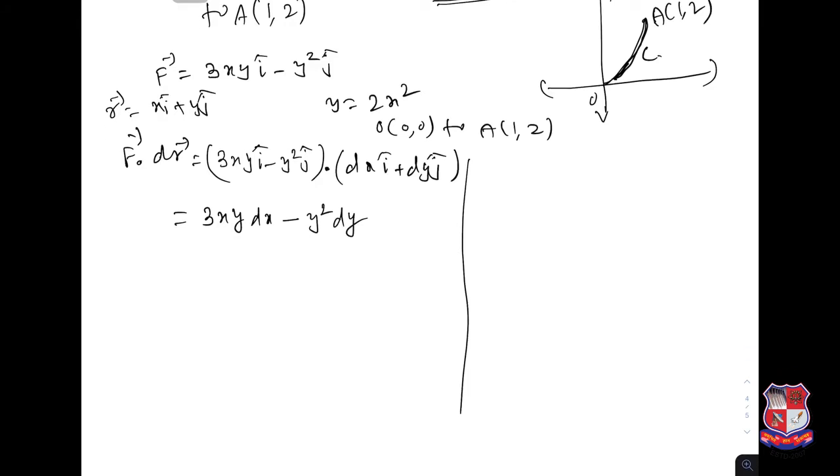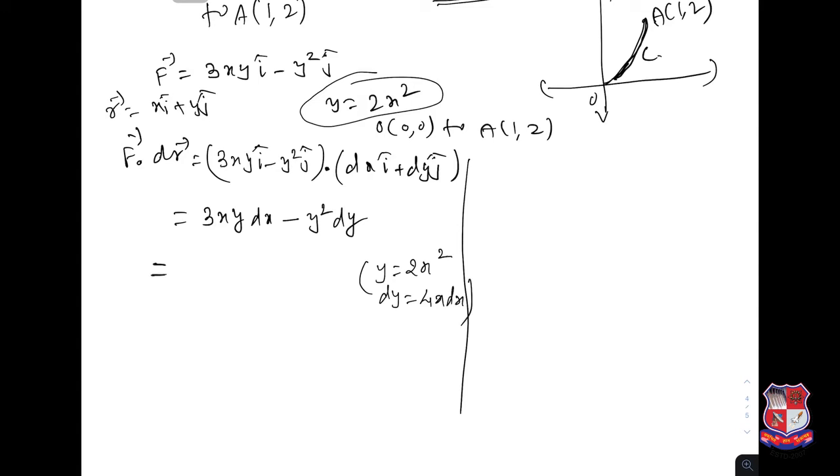Now, see, we want to integrate a line integral, a single integration. Here you are having x and y. So, now we are using y equal to 2x square, so dy equal to 4x dx also.